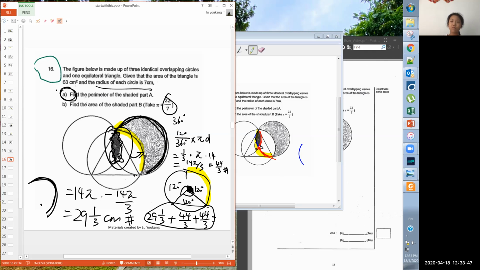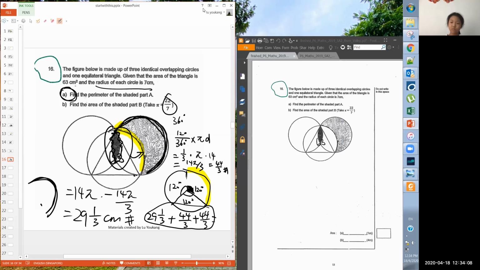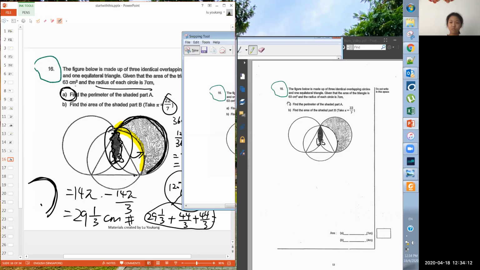Done? Then for the area is also quite, not very easy, but manageable. Okay? So first thing first, for the area, what's the strategy? Let me get it out.